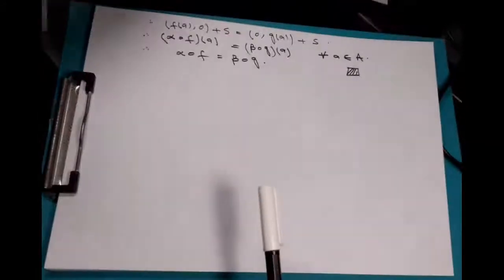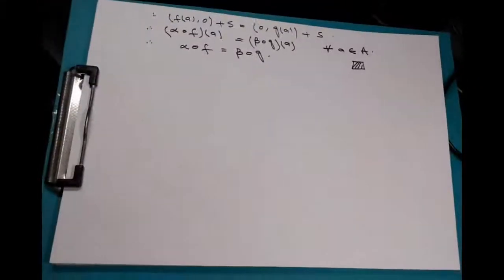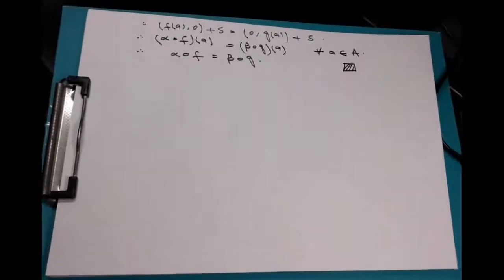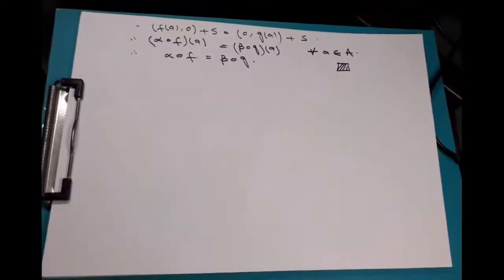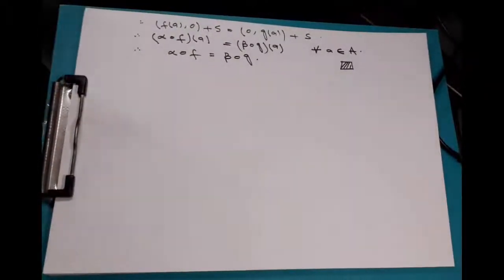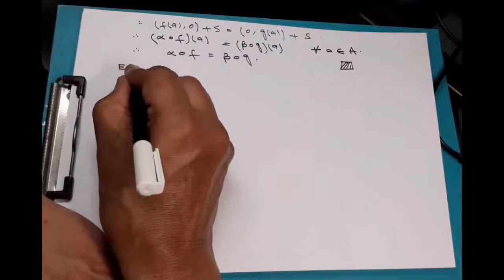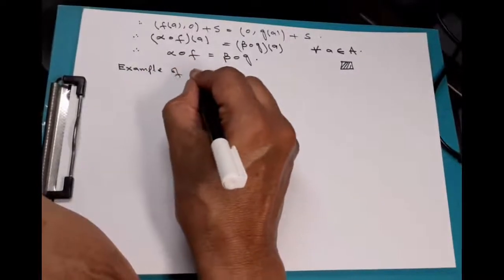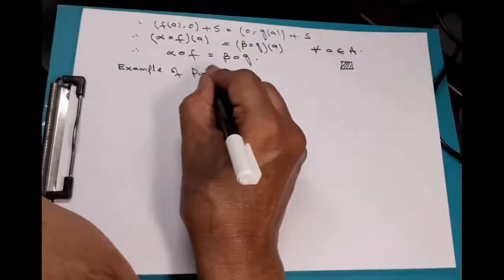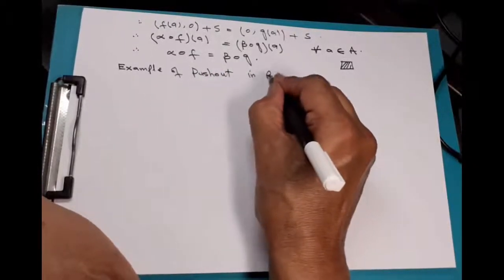So having done that, let's come to an example of pushout in the category of left R modules.